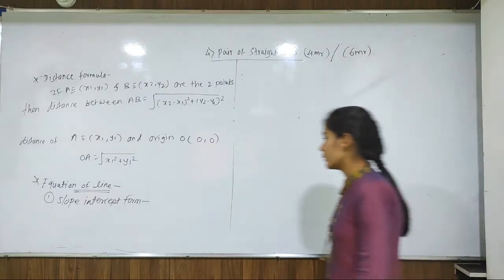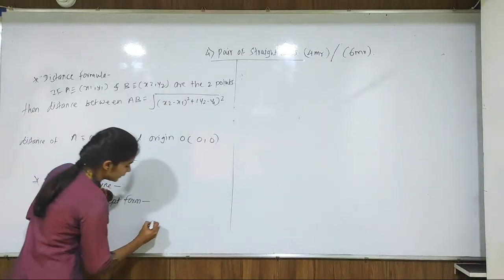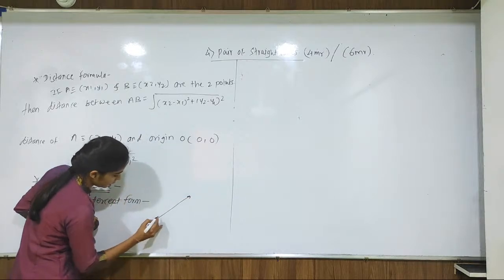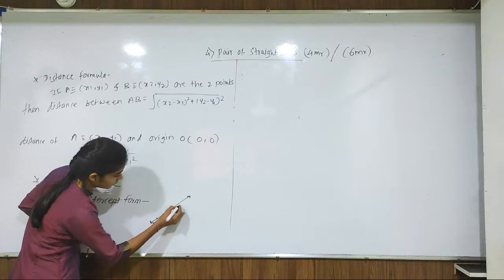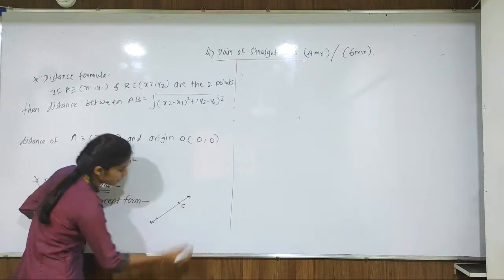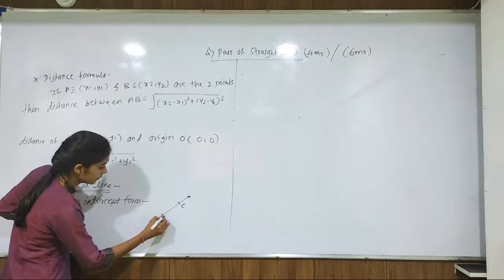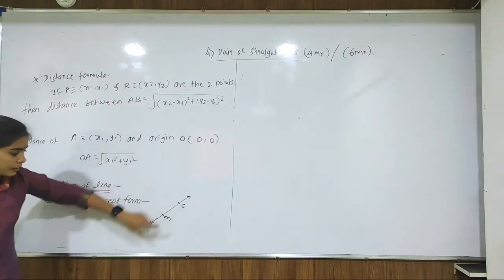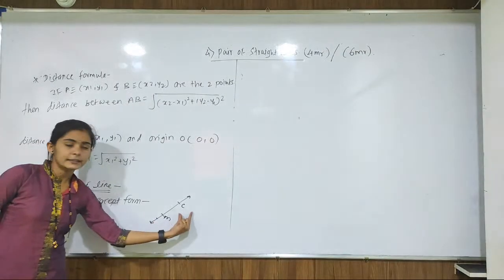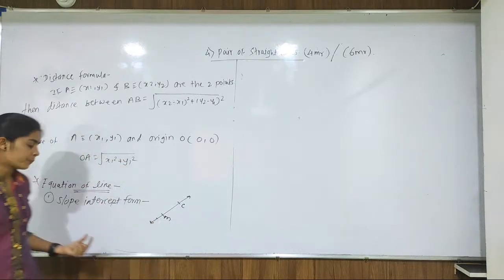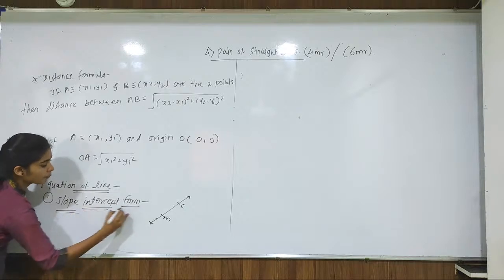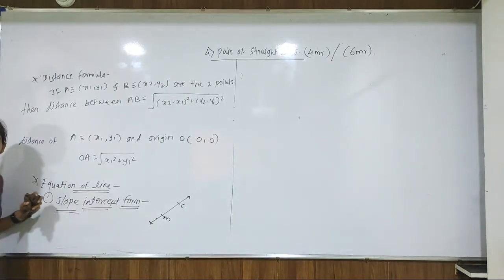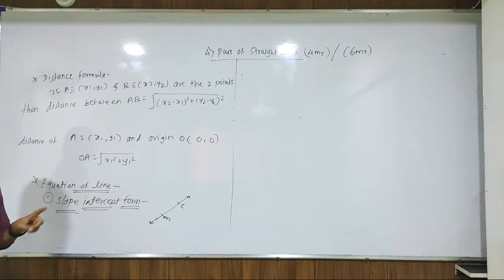Okay? So if we have this straight line, suppose this is C, the y intercept, and it is here. So on this line there is slope and intercept. काय काय असेल slope intercept form? नावाचं दिलंय slope intercept form. Means in that equation slope will be there and intercept will be there. So what will be the formula?